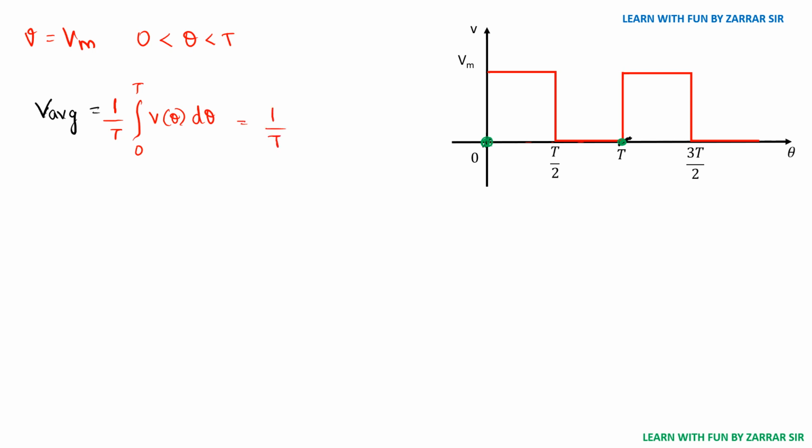So 1 upon T, I'll write it on the downside because there are two integrations over here. So 1 by T. The value for 0 to T by 2 is Vm d theta, integration sign, plus T by 2 to T. The value for T by 2 to T is 0 d theta.